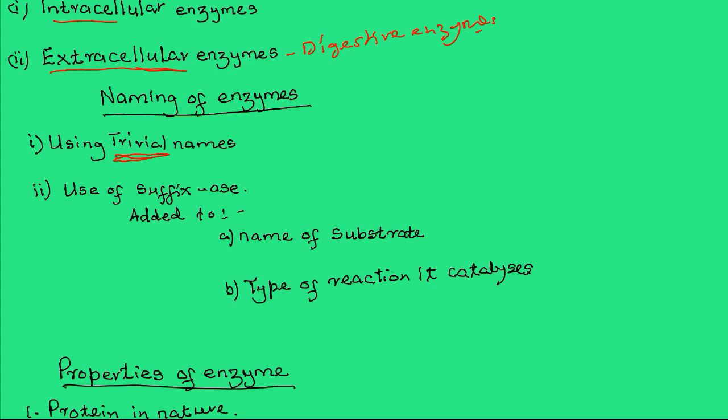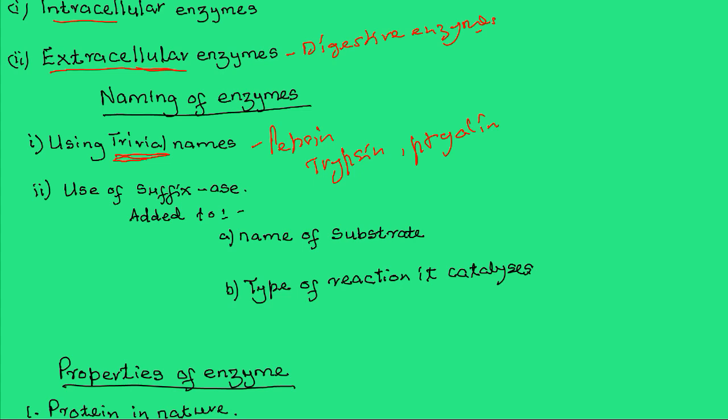Some of the trivial names are still in use today, and they include enzymes such as pepsin, trypsin, and thiolin.